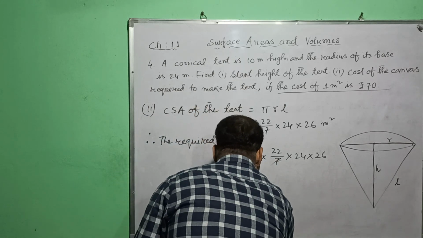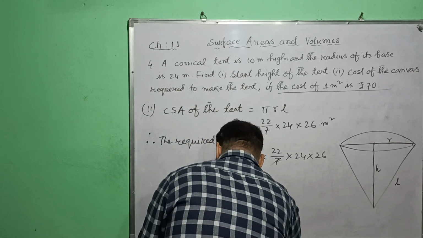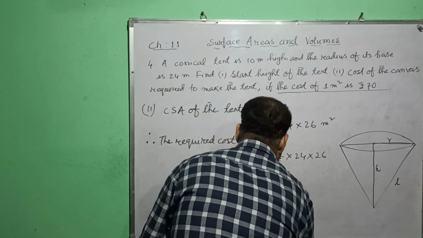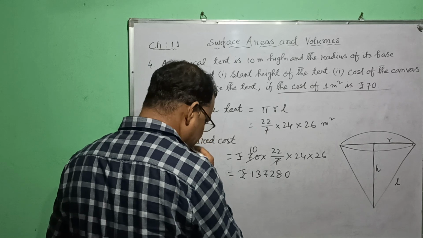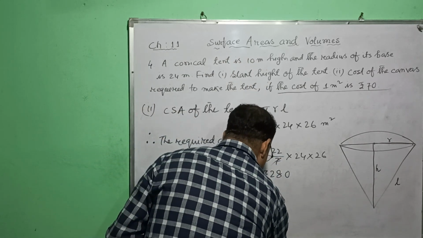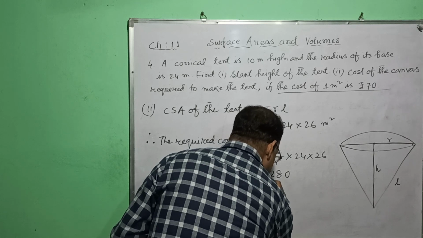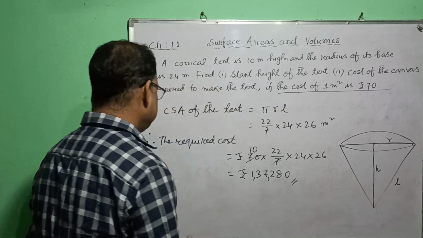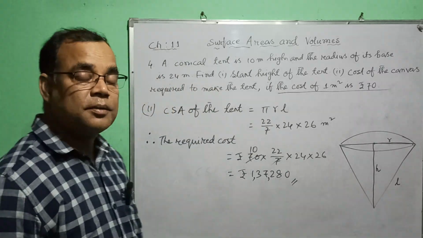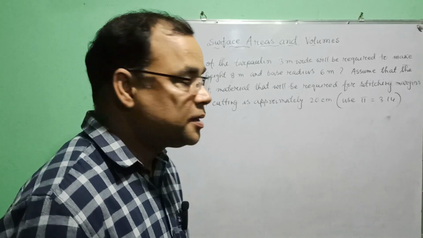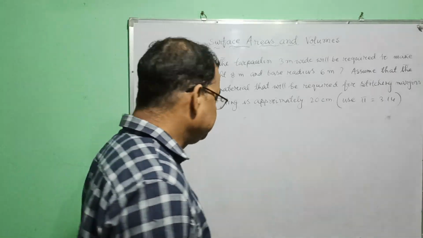So it is rupees 137,280 because it is multiplied by 10. So this is the answer. It is 1 lakh, we can use comma: 1,37,280. So this is the answer of the second part. Now we'll start question number 5.